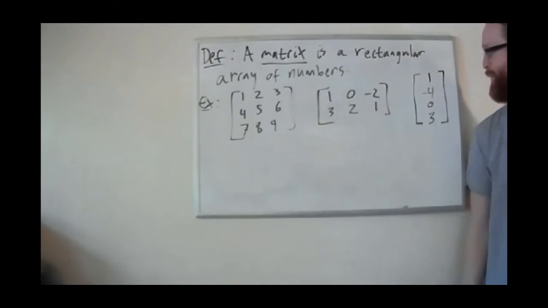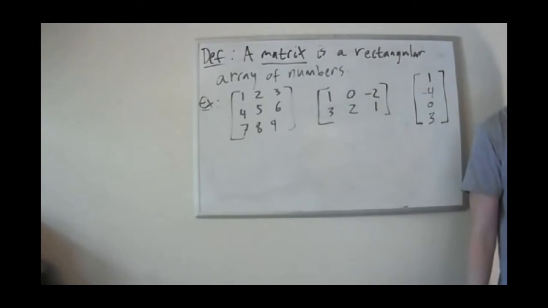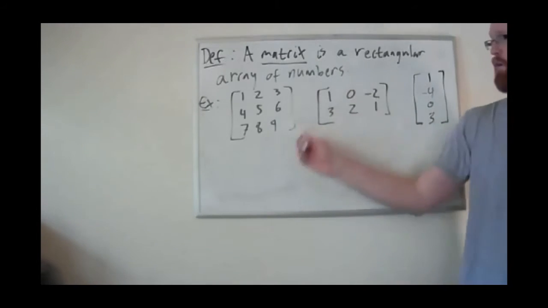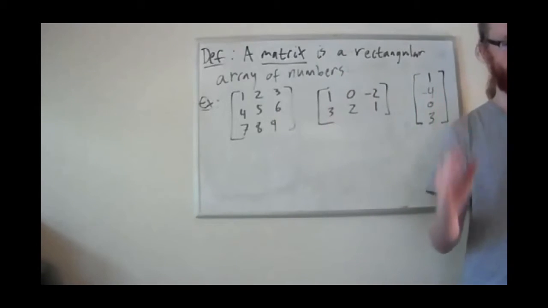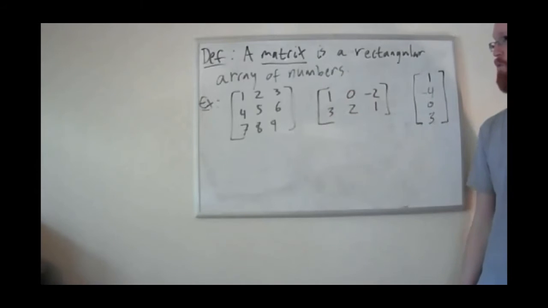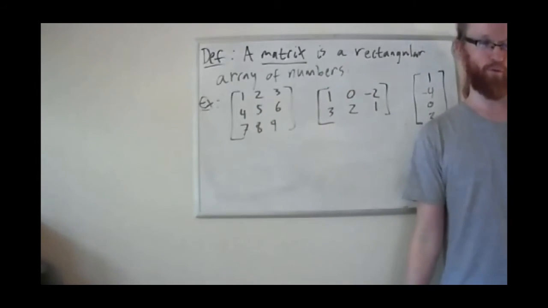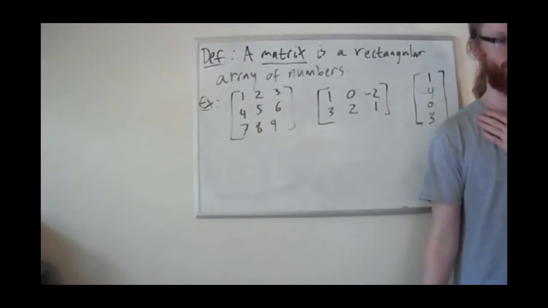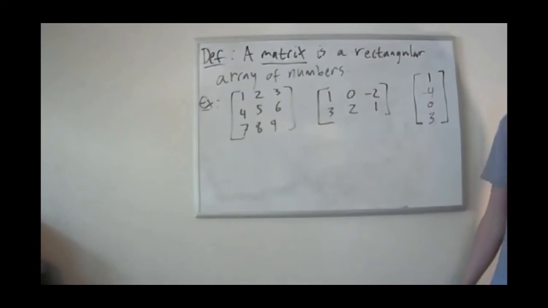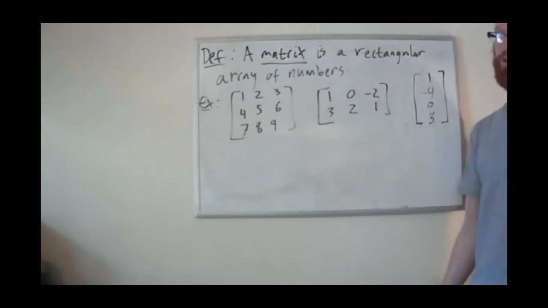Here's another matrix. 1, negative 4, 0, and 3 inside of it. And I could keep going, just draw a bunch of random examples up here. The idea is that I have a rectangular box that I'm indicating with these brackets. So I have these rectangular brackets that I'm going to fill with numbers, and I'm just going to make sure that I put the numbers in rows and columns so they're lined up. That's a matrix. Okay. So for now, this is not helpful. This is just getting us introduced to what these things are going to look like.